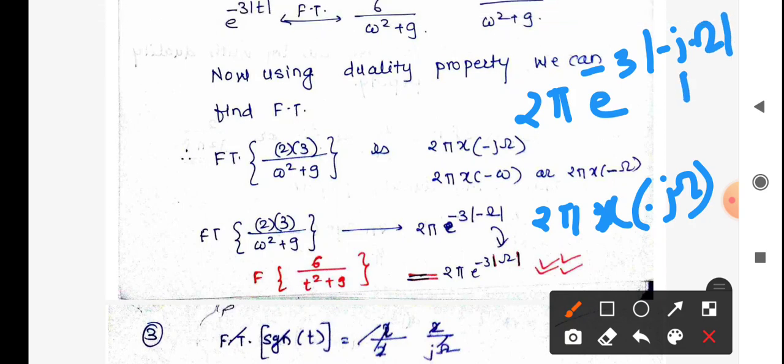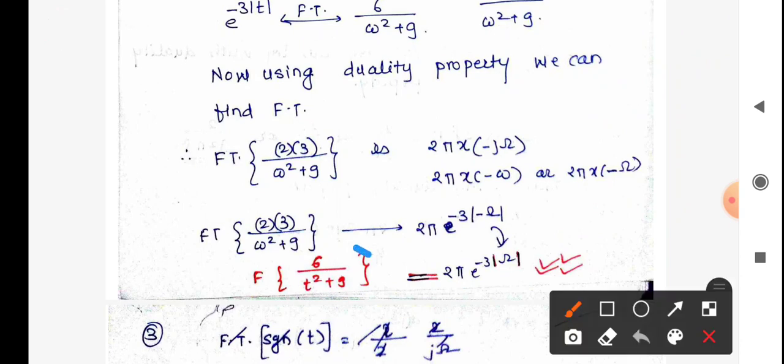That is what it is. But as it is a modulus, we can skip that modulus and simply write 2 pi e raised to minus 3 omega, or minus 3 j omega. That way we can obtain the Fourier transform of this particular function by merely observing its form.